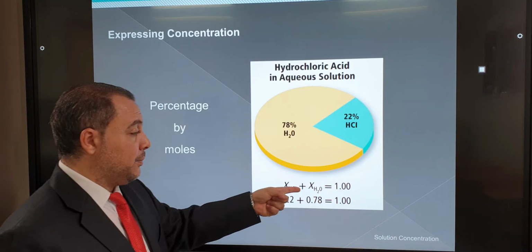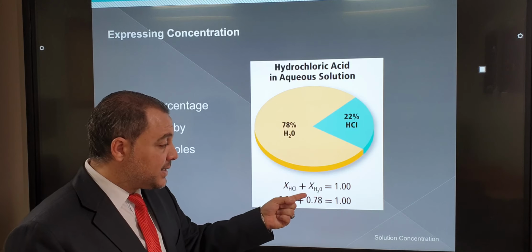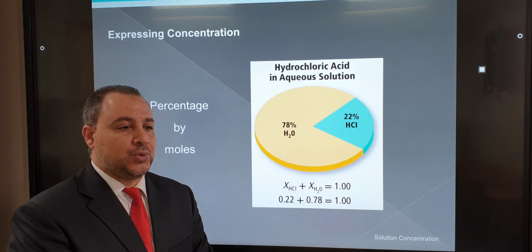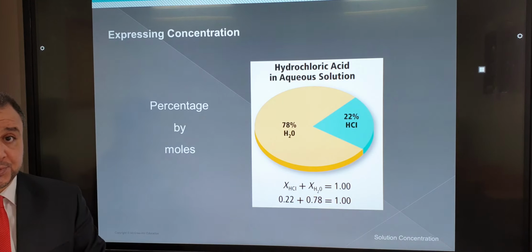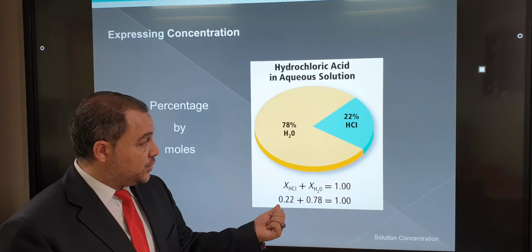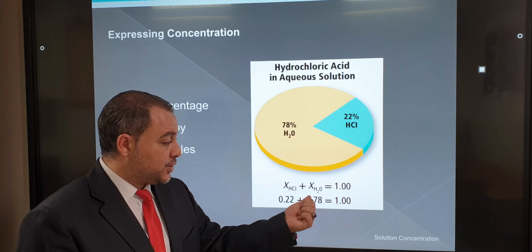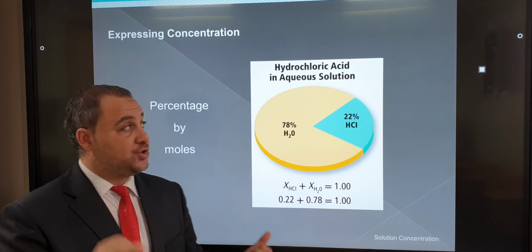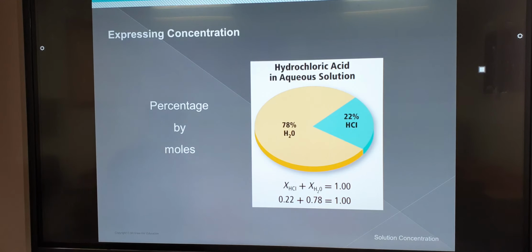So XHCl plus XH2O must equal 1, because the percentage of the solution must be 100%. So 0.22 plus 0.78 equals 1. That equals 100%. It's called the percent by mole.